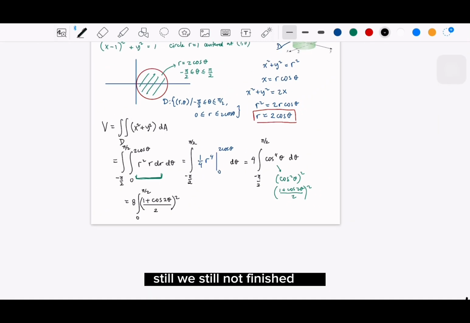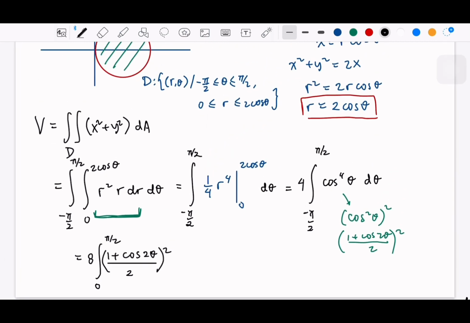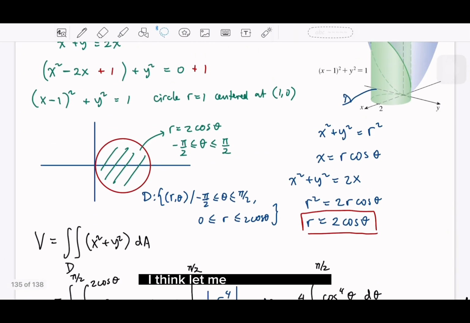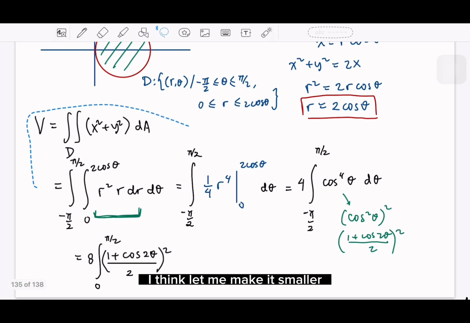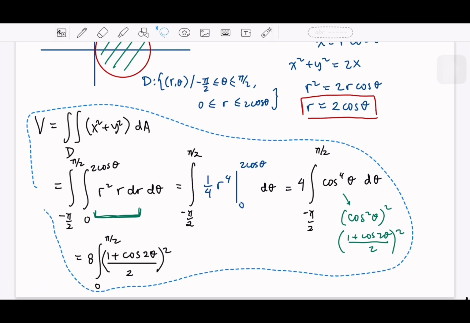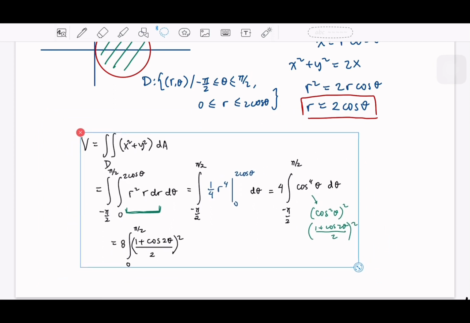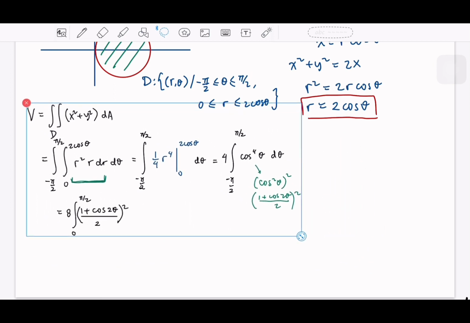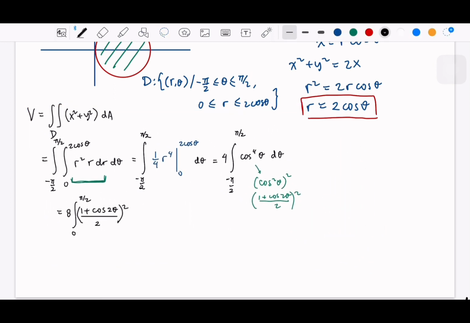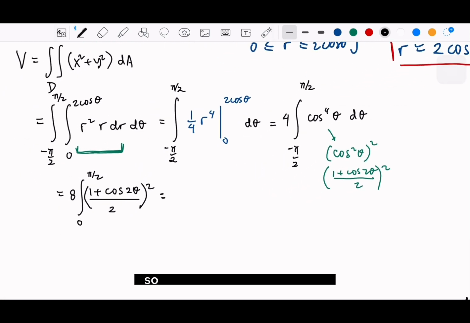We're still not finished yet. Let me make it smaller. So I will factor out a half outside.